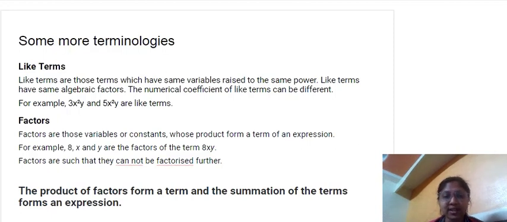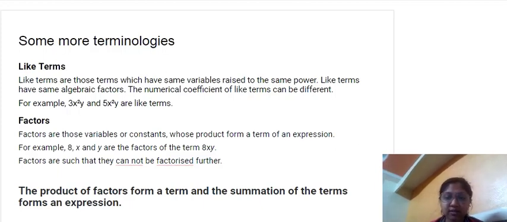No, because one has x to the power 2 and the other has x to the power 1. So is 2 equal to 1? No. So therefore x square and x are unlike terms. Here we have an example, 3x square y and 5x square y. Yes, these are like terms. Why? Because here we have x to the power 2, which is the same in both the terms, and y to the power 1, which is also the same in both the terms.